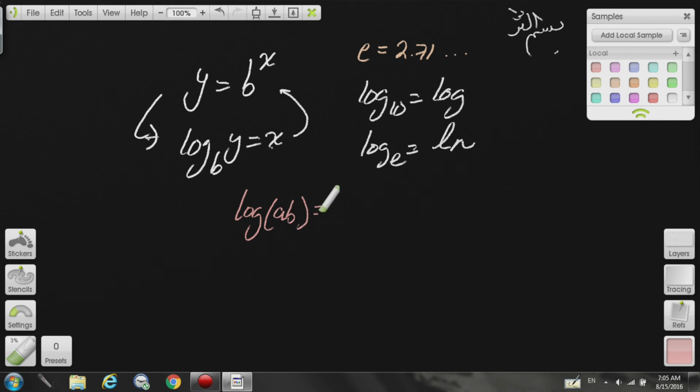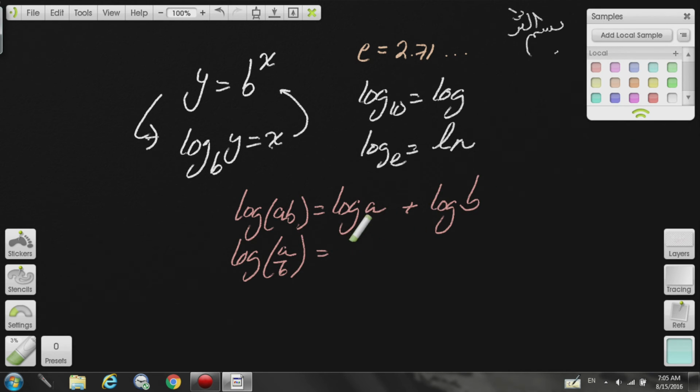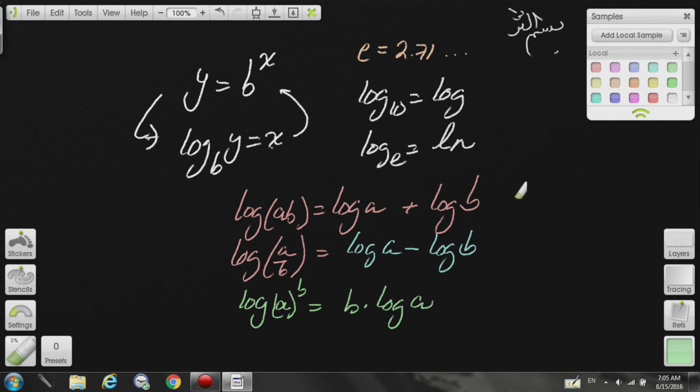Log of a times b equals log of a plus log of b. Log of a over b is log of a minus log of b. Log of a to the exponent of b is b times log of a. And finally, log base b of a is log of a over log of b.